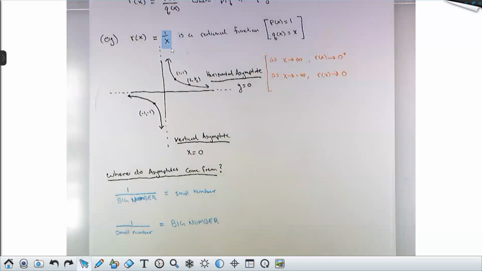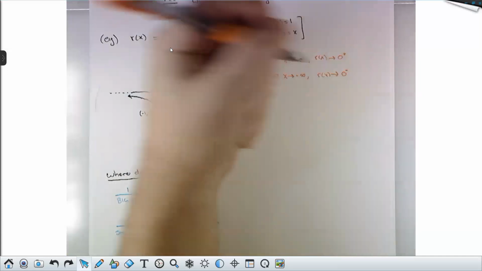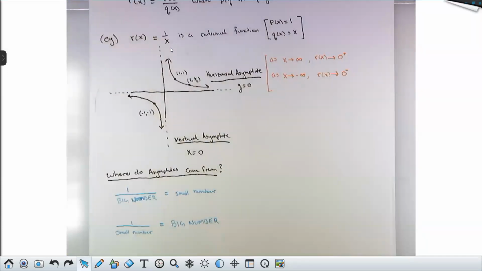The output is going to go to 0. It's going to get closer and closer to 0, but it's also going to be negative, and we indicate that by putting a little minus here. This is the goes to notation, remember, that we used for end behavior of polynomials, used to describe this horizontal asymptote.